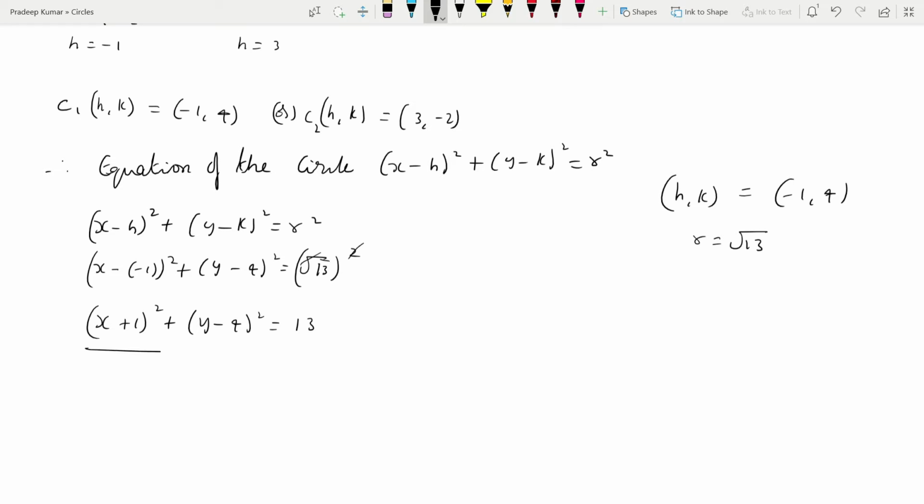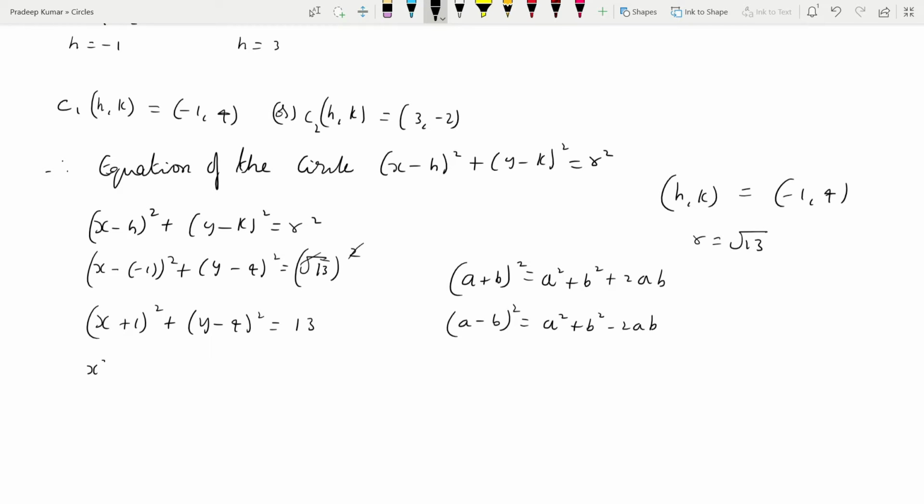So this is in the form of a plus b whole square, and this is in the form of a minus b whole square. So I'll just write the formulas here. a plus b whole square is a square plus b square plus 2ab, and a minus b whole square is a square plus b square minus 2ab. So let's substitute those values.